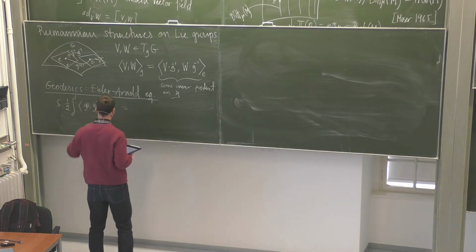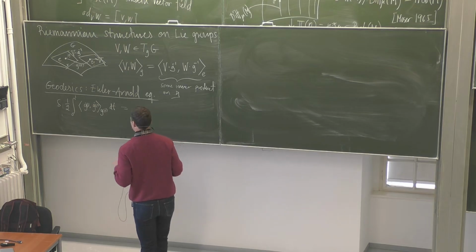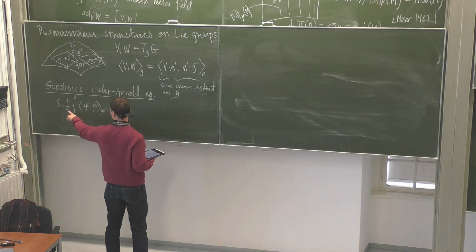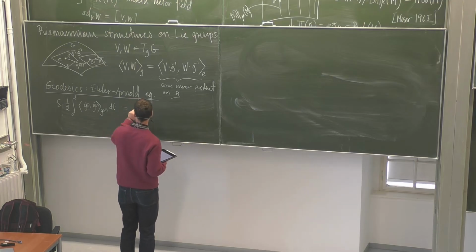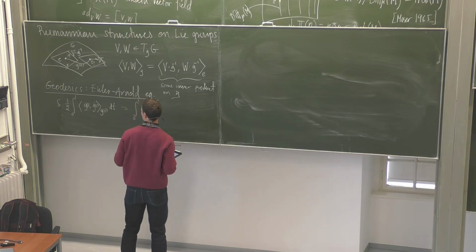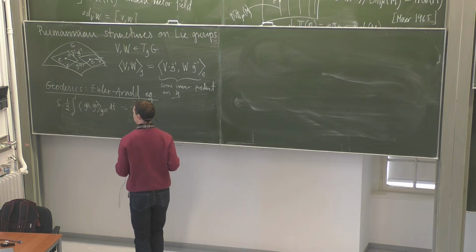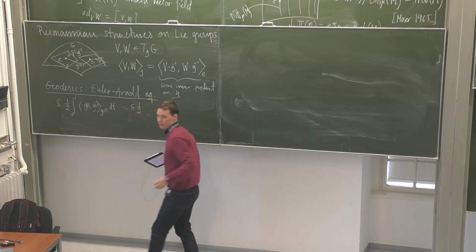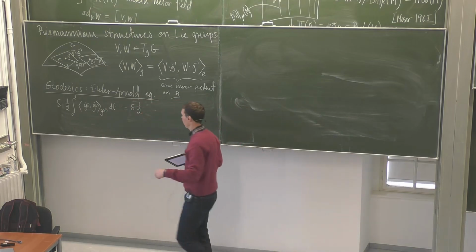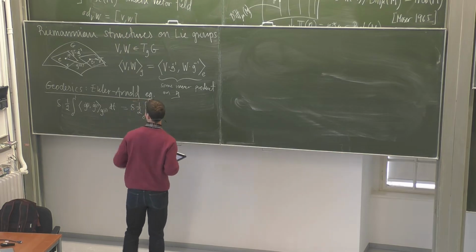So if I take the variation of this thing, the 1/2 goes away, and then I have the integral from 0 to 1, and then the variation. What's the first thing I can do? Before I take the variation, let's just use the fact that this is right invariant. So I translate everything back to the identity, where I actually know what the metric is.